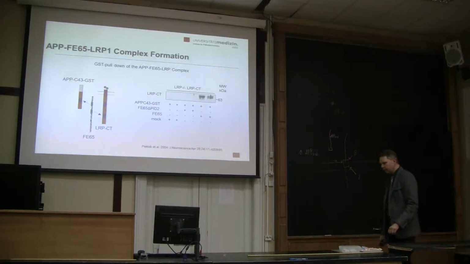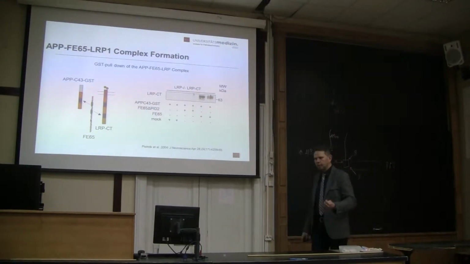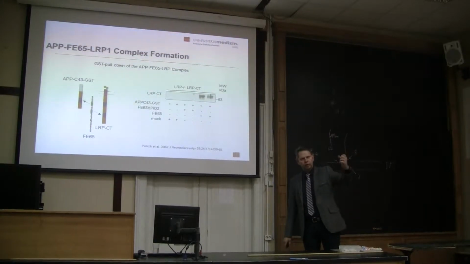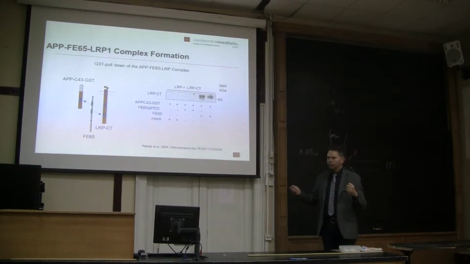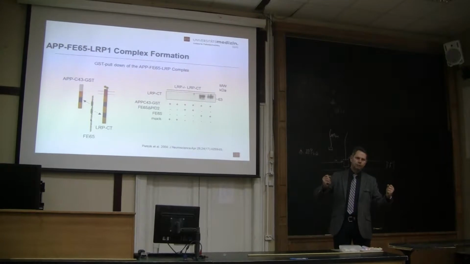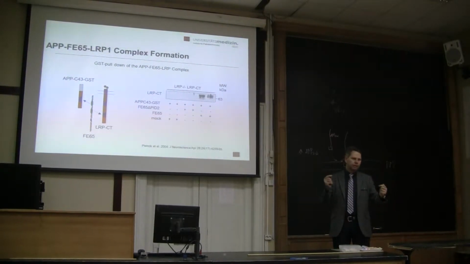So the easiest thing, I was naive, I thought, okay, I do an immunoprecipitation for LRP, and then I come back with an antibody for Fe65 and APP. And therefore I've proven all of them are in one complex and stick together.